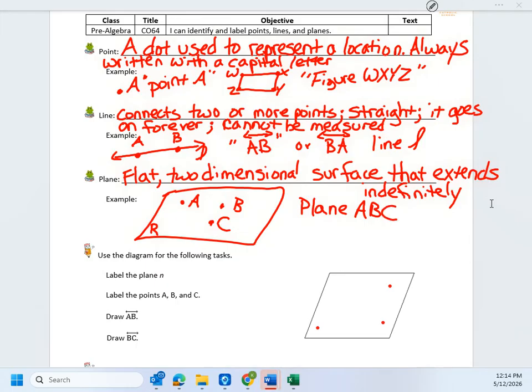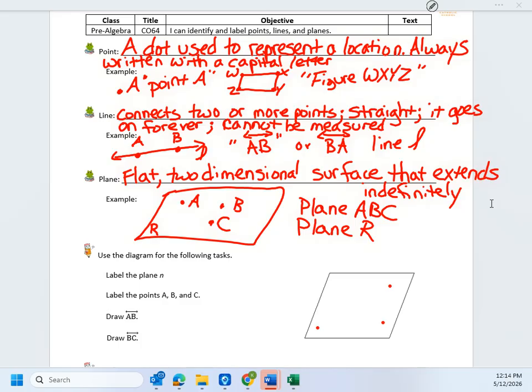Or, just like with that line L, we have that R over in the corner, we could call it plane R. So, points always are next to the dot, always a capital. The lines connect our points. So we've got those capitals. And on the plane, we have those points. So they're capitals.